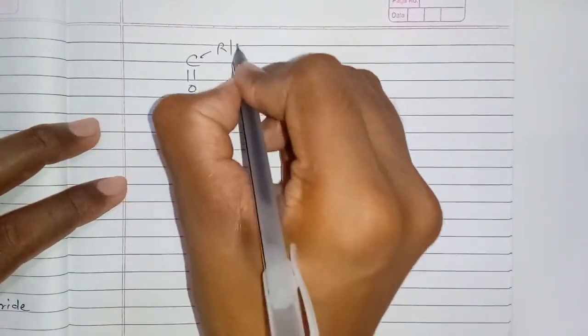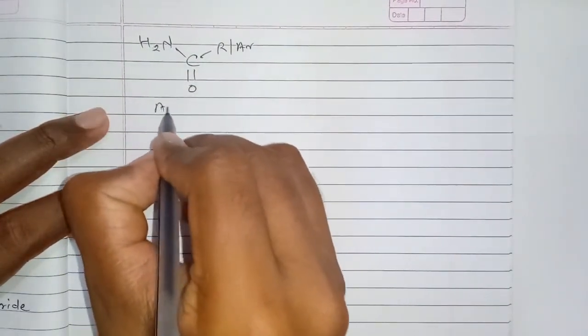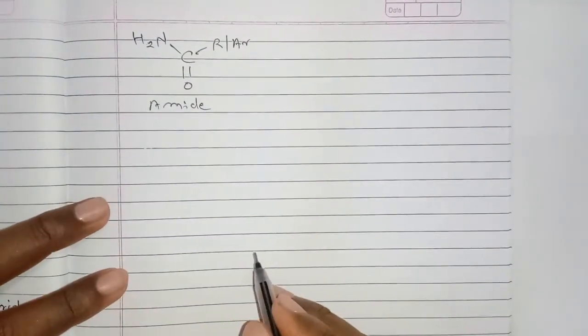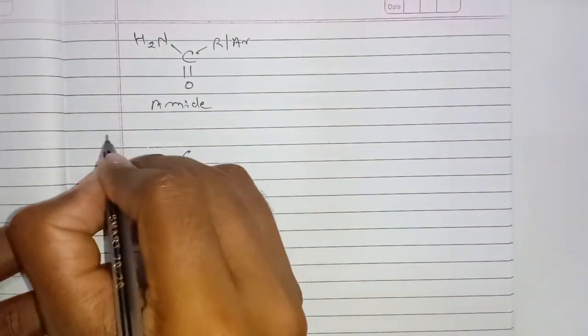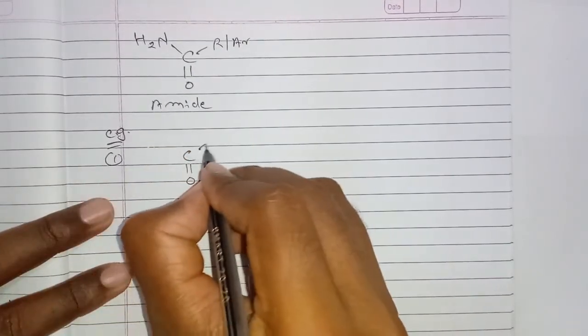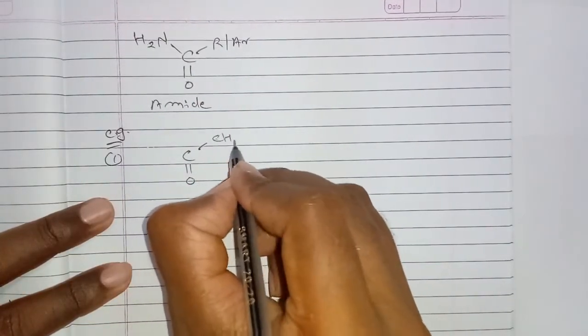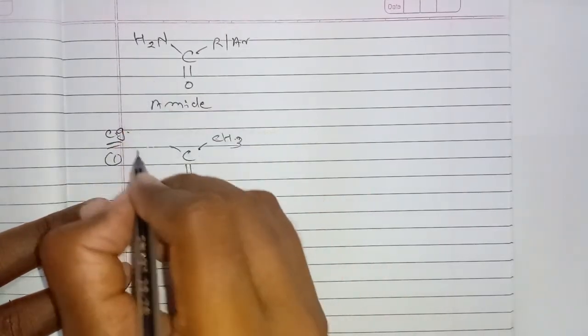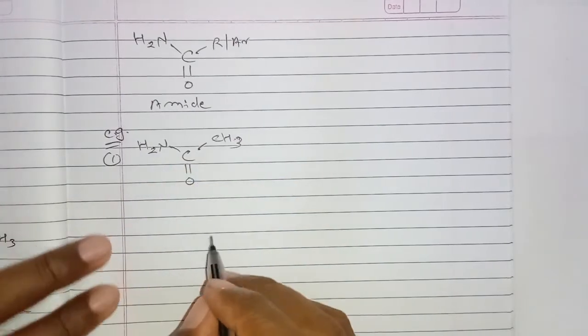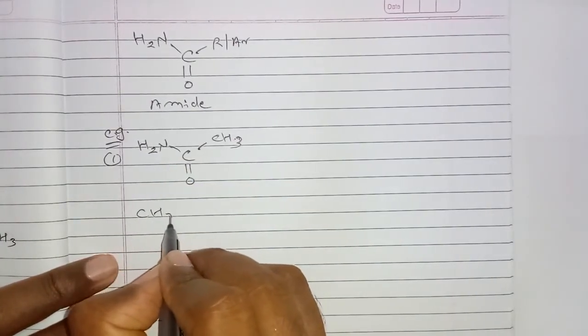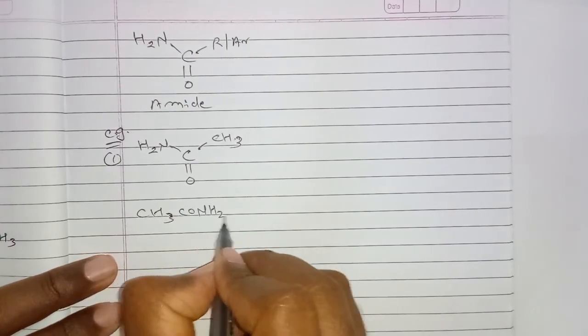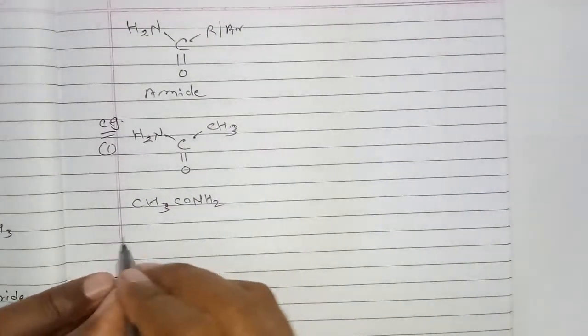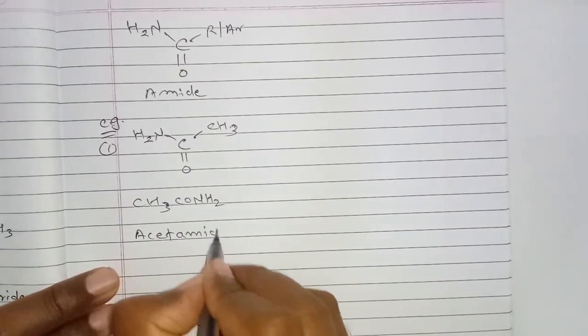For example, amide number 1: in the case of the methyl group and here an amine, CH3CONH2, it is named acetamide.